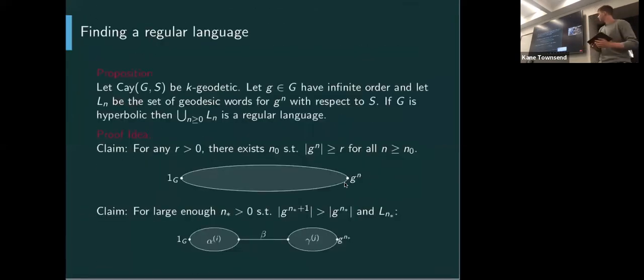Then for large enough n, I construct the geodesic for G^n star, and I claim that we can even create a unique geodesic path inside the middle of the path from 1_G to G^n star.